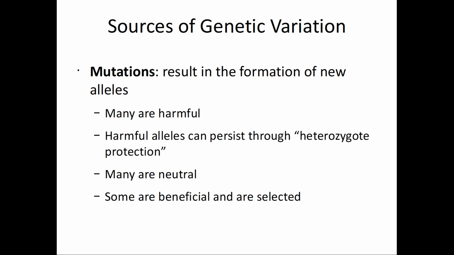Harmful alleles can persist through heterozygote protection. What this basically means, remember we have dominant traits and recessive traits. You can imagine if you have a very rare recessive trait, that recessive trait may never present itself as a phenotype because you have to have two copies of it.